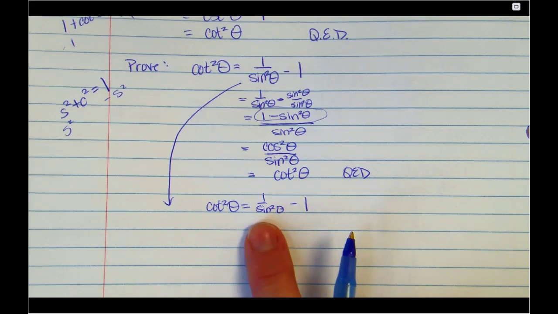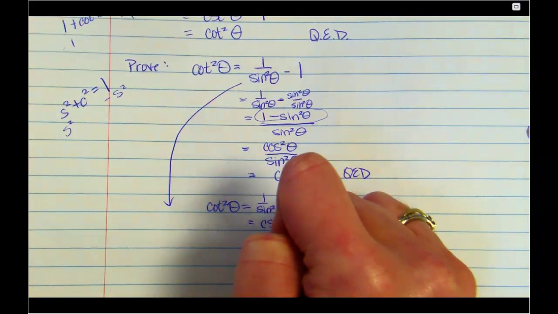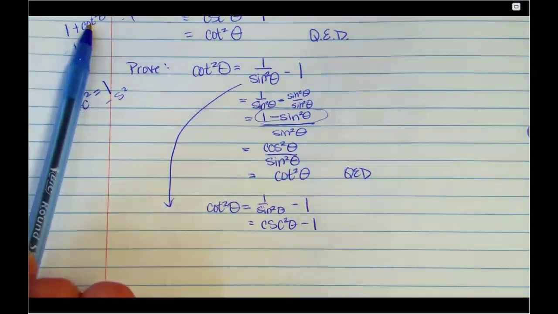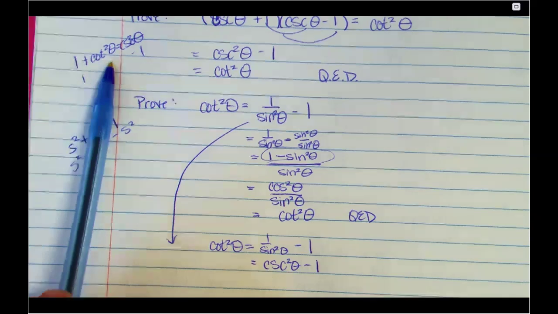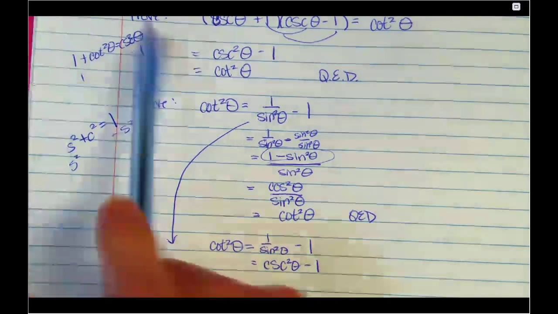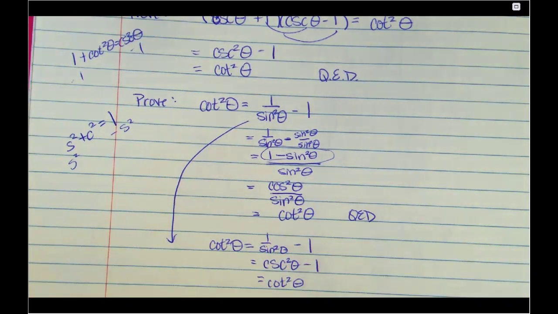This is equal to cosecant squared because, yeah, cosecant is 1 over sine. So this guy is cosecant squared. Okay? So cosecant squared minus 1, if you look back up in my notes right up here, I know that that's equal, I rearranged it, to cotangent squared. And you're done.